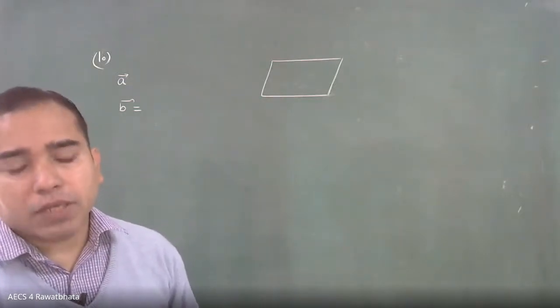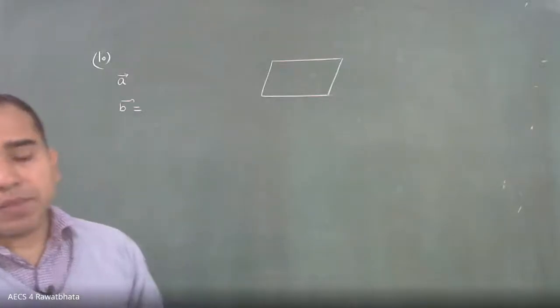Find the area of the parallelogram whose adjacent sides are determined by the vectors A vector is equal to i cap minus j cap plus 3k cap, and B vector is equal to 2i cap minus 7j cap plus k cap.